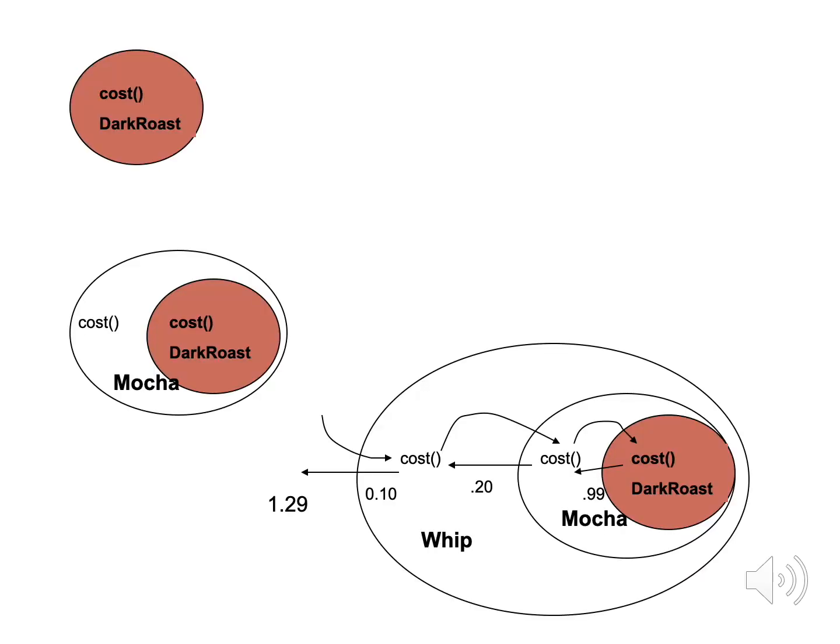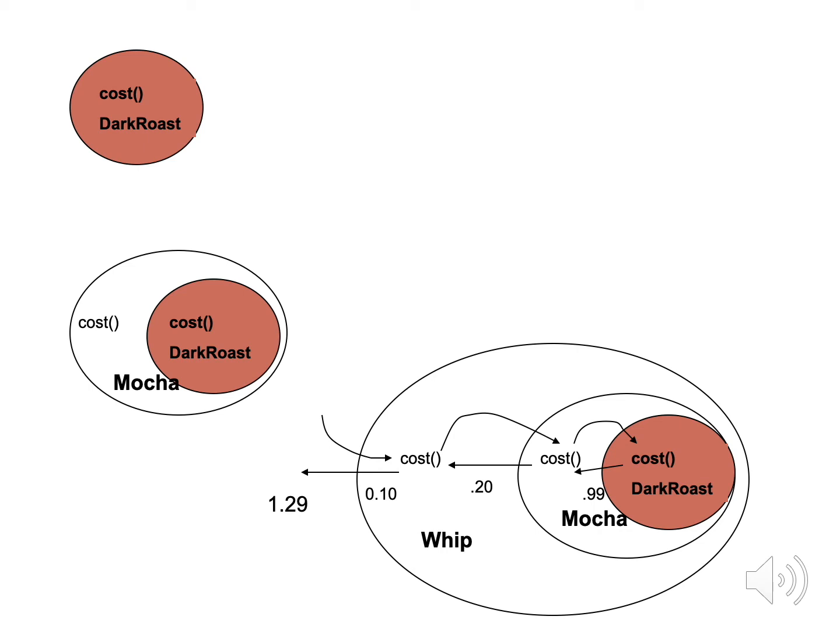In this slide, first we have to understand the containment or wrapping approach of the decorator design pattern. First, see that we simply have the dark roast object and its base method, the super method of cost. When another topping is added, the decorator will wrap the dark roast object with the mocha object, and it will also add the cost of mocha to the already existing beverage blend, which is dark roast in this case.